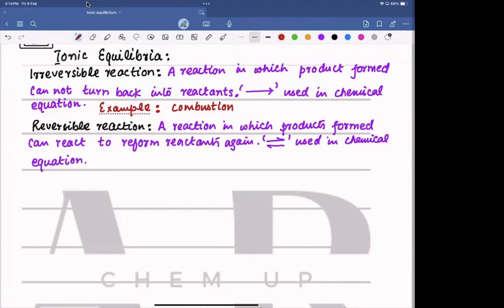Can any one of you tell me any example of a reversible reaction? For example, formation of a hydrated salt, which can be turned back into anhydrous by heating.